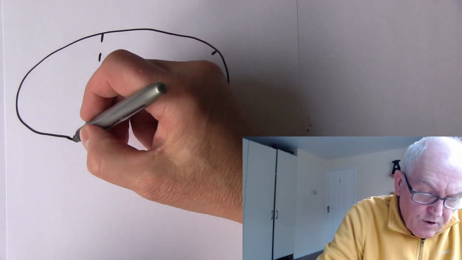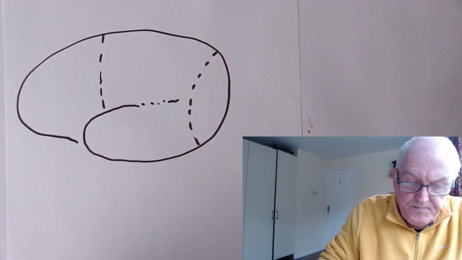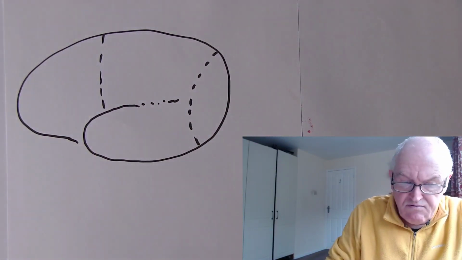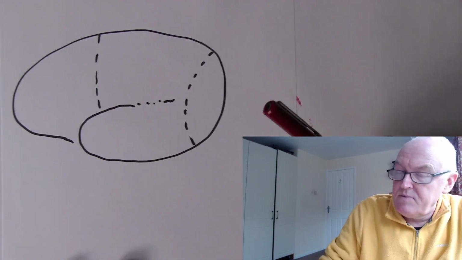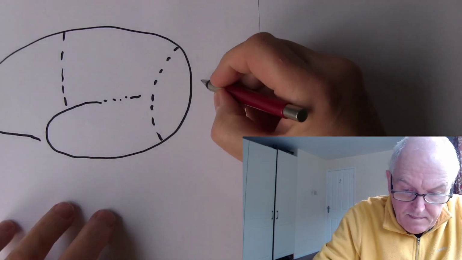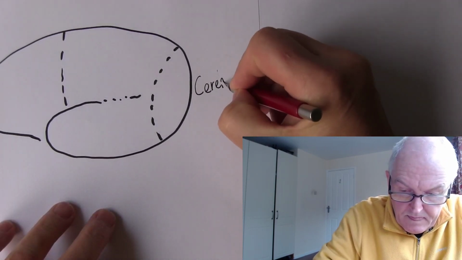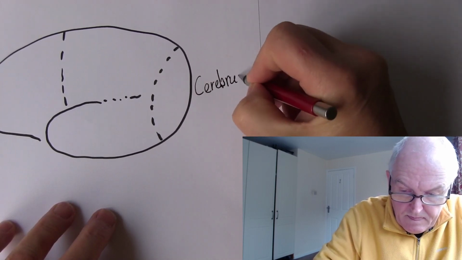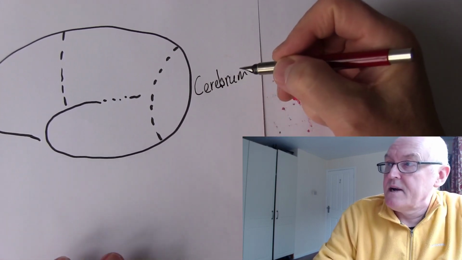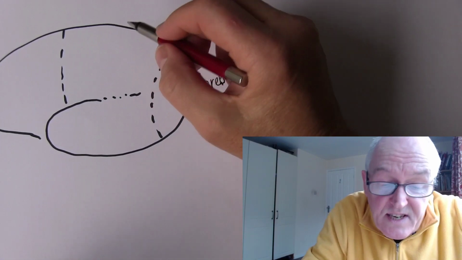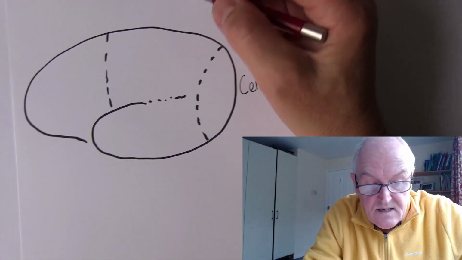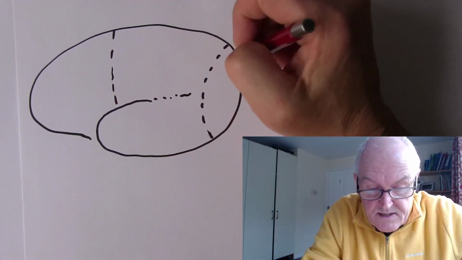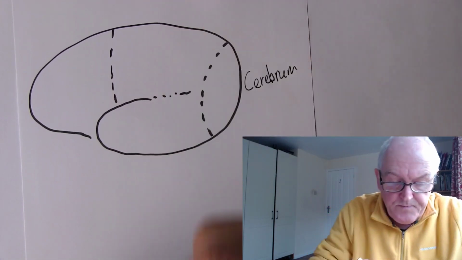And these form the cerebrum. This is the cerebrum. So this top part is the cerebrum of the brain. Remember, we said the outer part was the cerebral cortex. So frontal, parietal, occipital, temporal lobes.